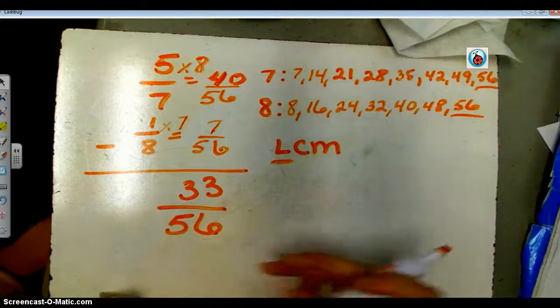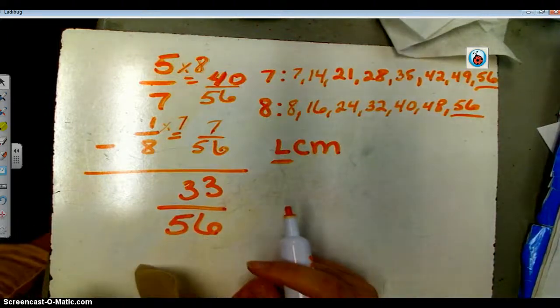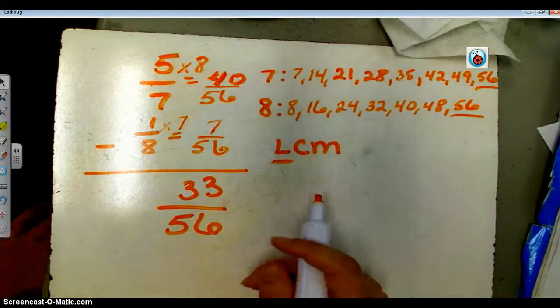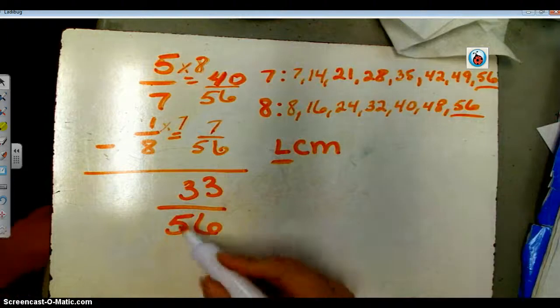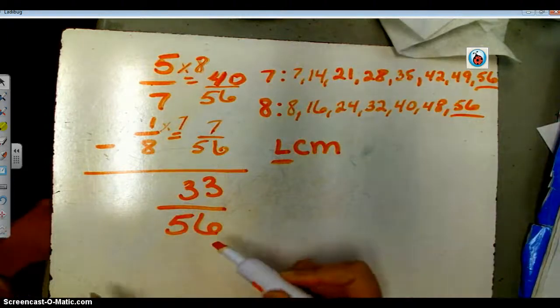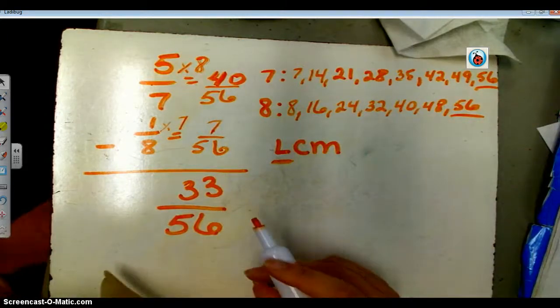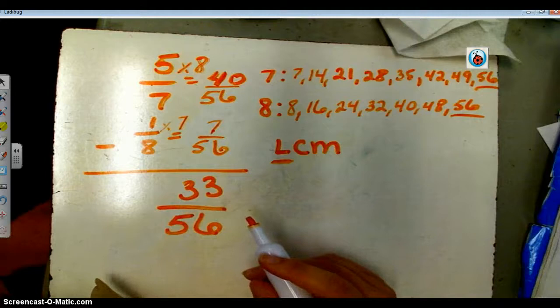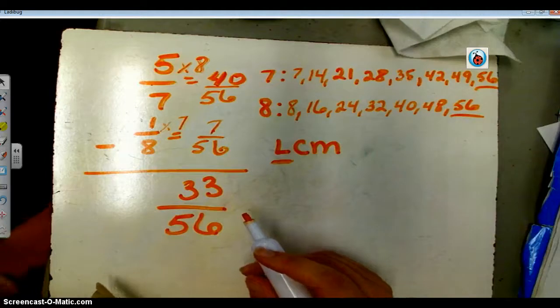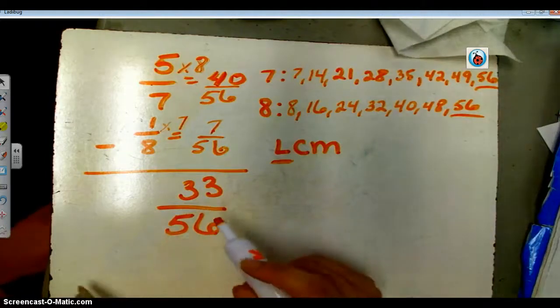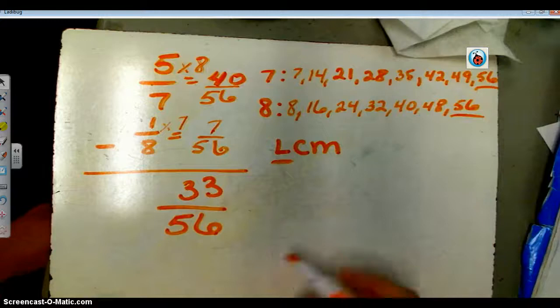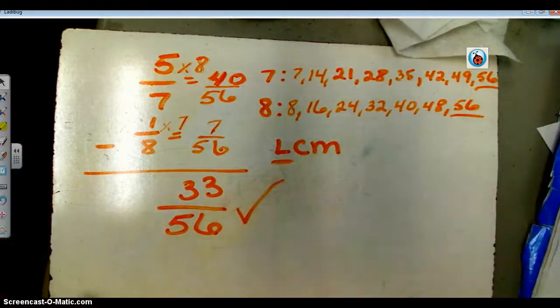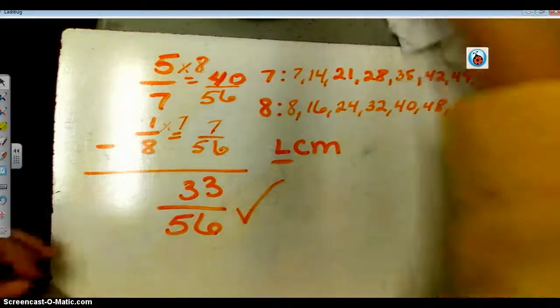If it's divisible by 3, what happens? You add. 5 plus 6 equals 11. Is 11 divisible by 3? No. So it's not divisible by 3, even though 33 is divisible by 3. So we're all done.